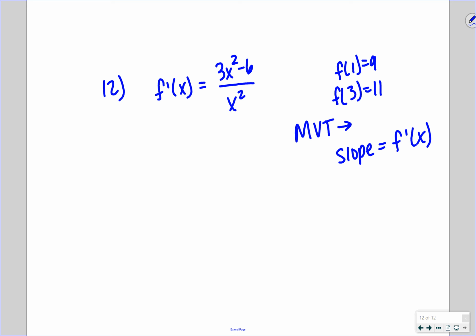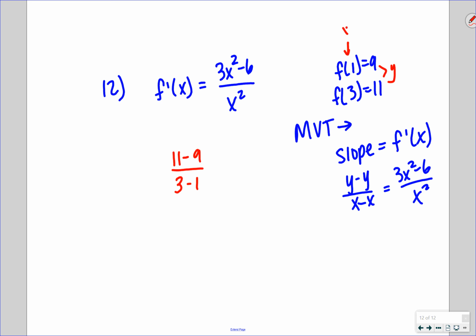So slope is y minus y over x minus x. Derivative, I was given a derivative, 3x squared minus 6 over x squared. Plug in some numbers. Y minus y, 11 minus 9 over x minus x, 3 minus 1, right? These two are y's, these two are x's. Is equal to my derivative, 3x squared minus 6 over x squared. 11 minus 9 is 2. 3 minus 1 is 2.